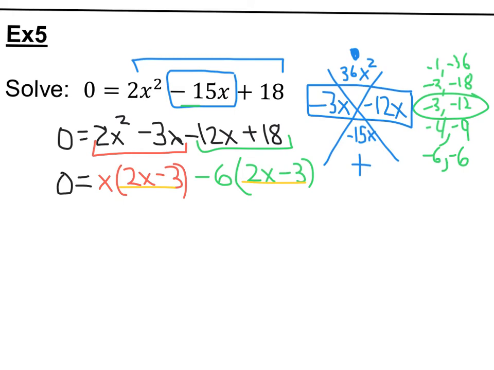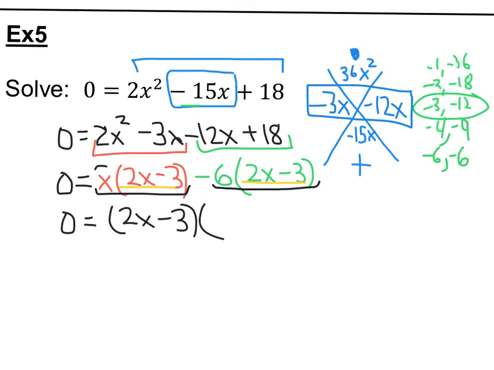So now we're ready to factor out what's in common with these 2 terms. We have 2 terms, this first term and this second term. They both have a 2x minus 3 that we can take out. So what's left of the first term is x. What's left of the second term is minus 6.